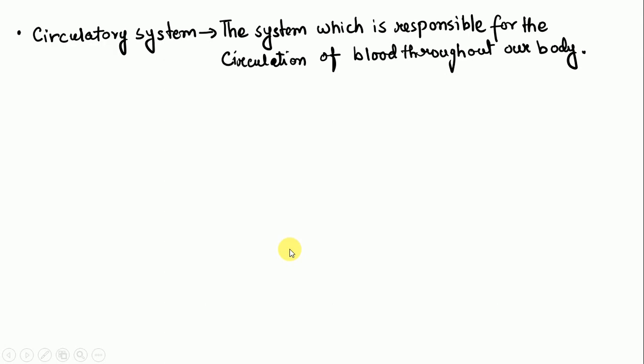So circulatory system is the system which is responsible for the circulation of blood throughout our body. Our body consists of many fluids like blood and lymph, and this blood is responsible for carrying oxygen throughout our whole body.